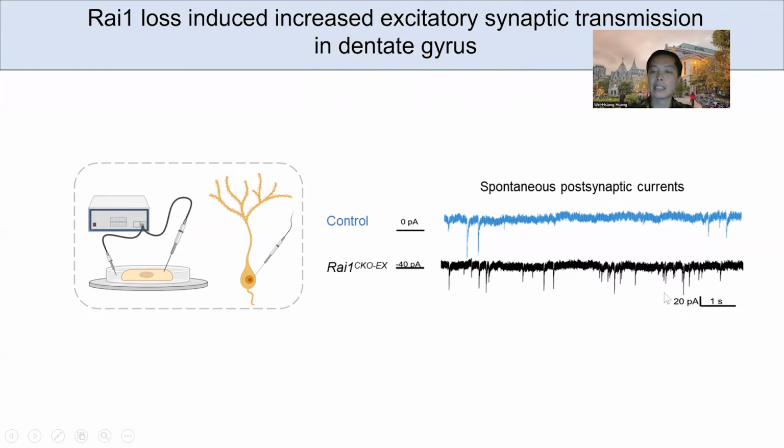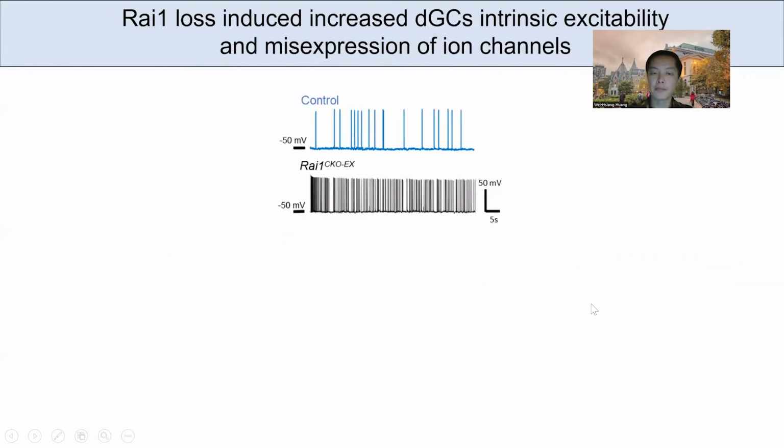There's more activity from the neighbors. And how about the RAI1 mutant neurons themselves, in the hippocampal dentate gyrus? We can see that the mutant neurons themselves also talk very frequently. So this kind of hyperactivity could be contributing to the susceptibility to seizure in SMS mice as well as patients.